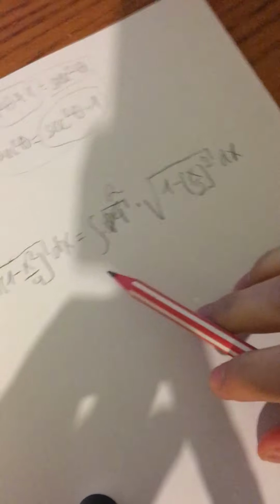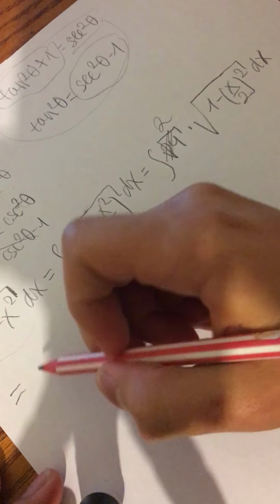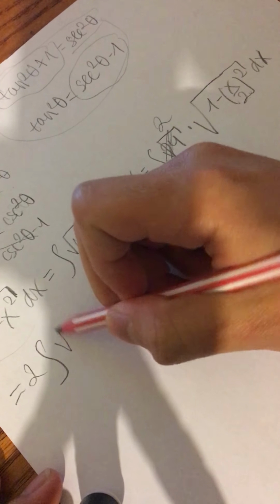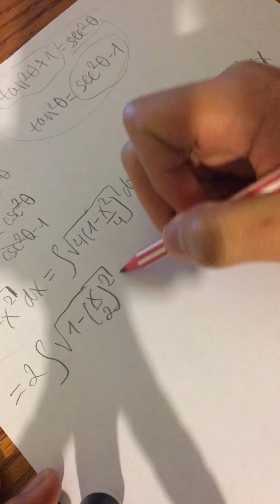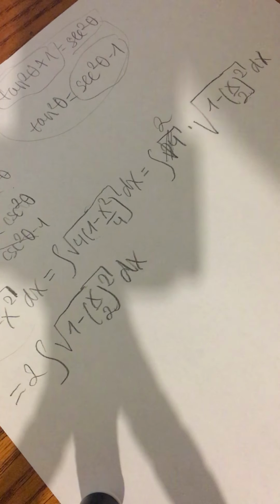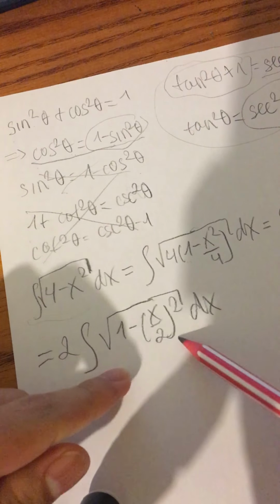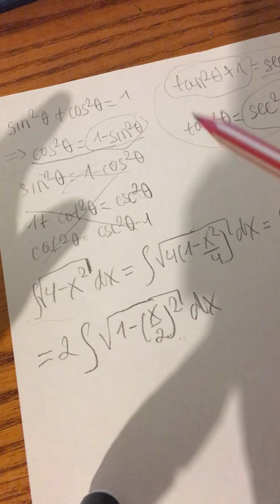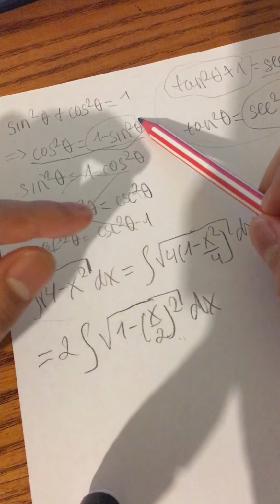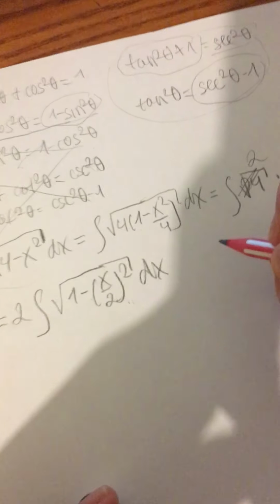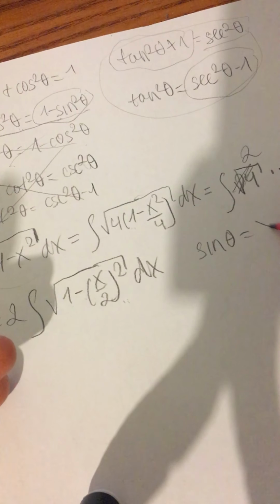So then this integral right here, it's gonna be 2 times the integral, and let's see which identity has this form. If I look at this one, we have a 1 minus something squared, and that something is sine. So I can say, okay, let's let sine theta equal x over 2.